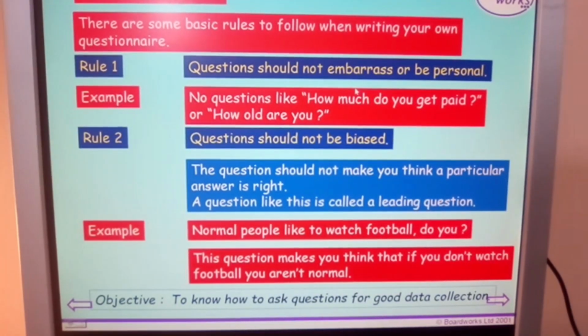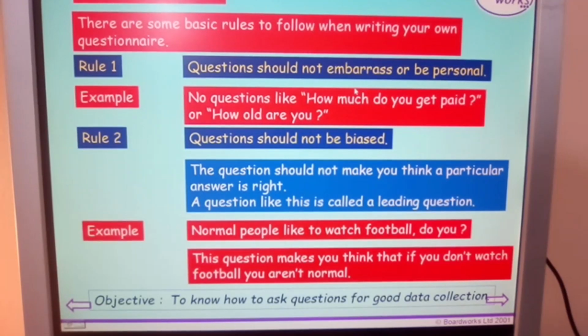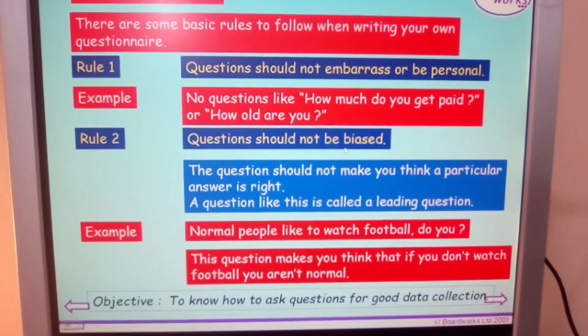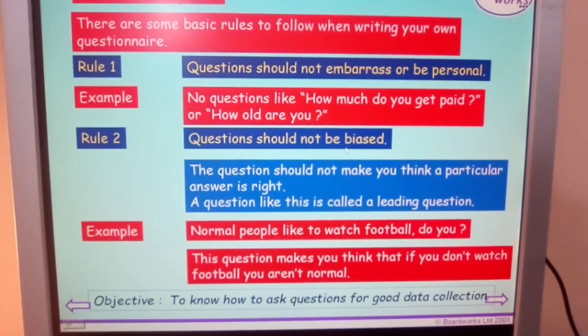Now, data collection. There are some basic rules to follow when writing your own questionnaire. Rule 1. Questions should not embarrass or be personal. Example: no questions like how much do you earn or get paid, or how old are you. Rule 2. Questions should not be biased.